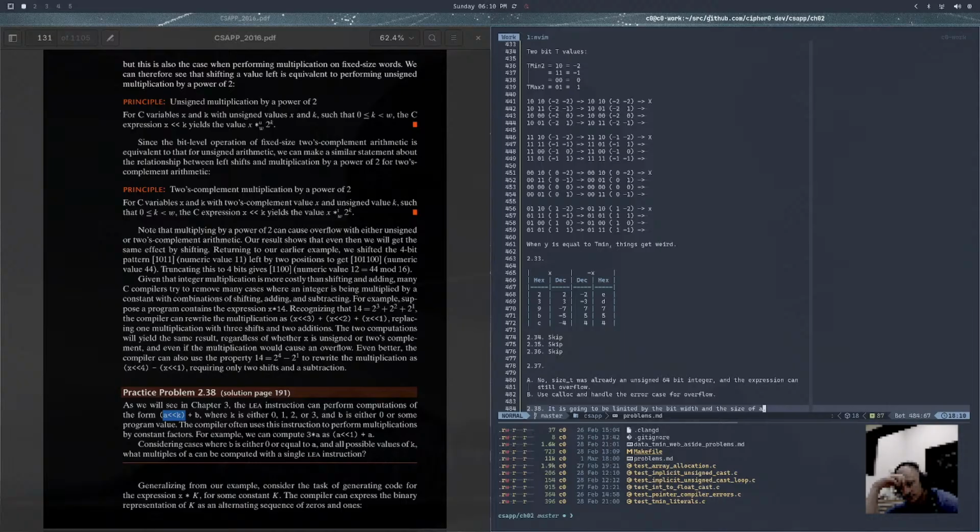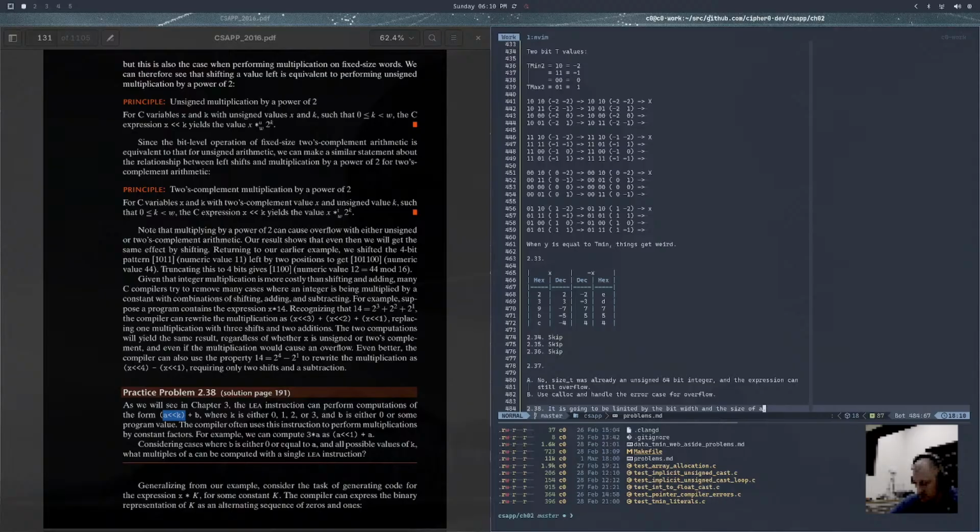Chapter 3 will show many examples of the LEA instruction in action. The instruction is provided to support pointer arithmetic, but the C compiler often uses it to perform multiplication by small constants. For each value k, we compute two multiples: 2 to the k, where b is 0, and 2 to the k plus 1, when b is a.